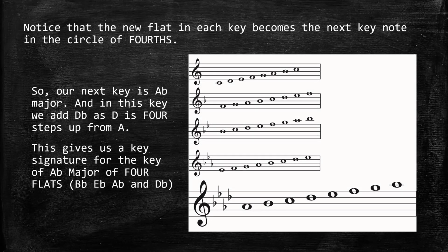Notice that the new flat in each key itself becomes the next key note in the circle of fourths. So our next key is A flat major, and in this key we add D flat, as D is 4 steps up from A. This gives us a key signature for the key of A flat major of 4 flats, B flat, E flat, A flat and D flat.